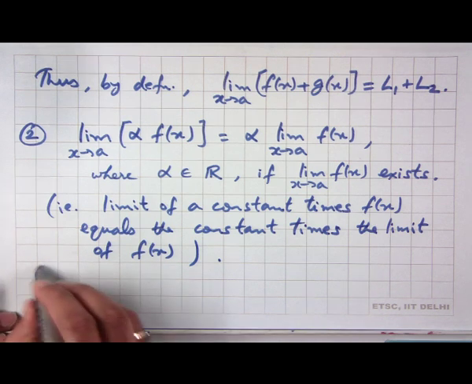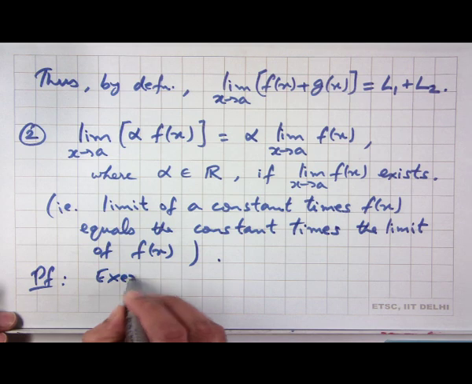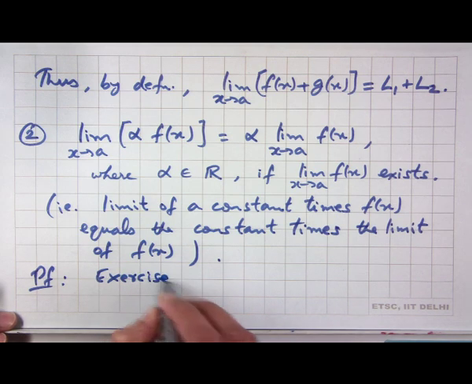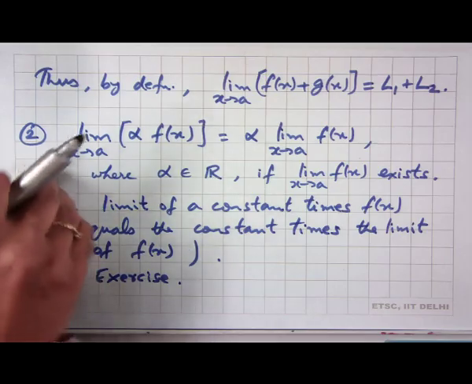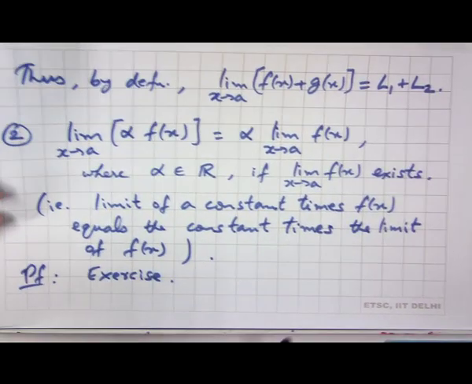Right. The proof we will not do; I will leave it as an exercise. So, again using the epsilon delta definition, you should try to find what is the delta which will work for this.